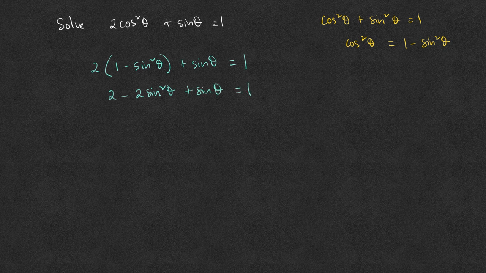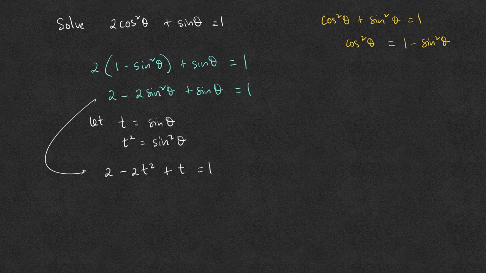and we recognize that this is a quadratic equation, so we will let t be sine of theta. Then t squared equals sine squared of theta, and this equation is now 2 minus 2t squared plus t equals 1.